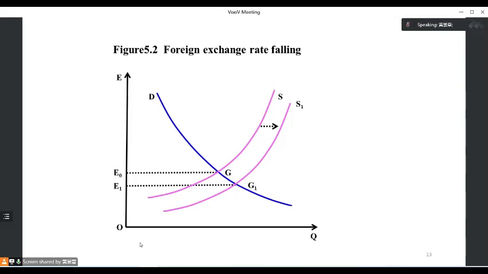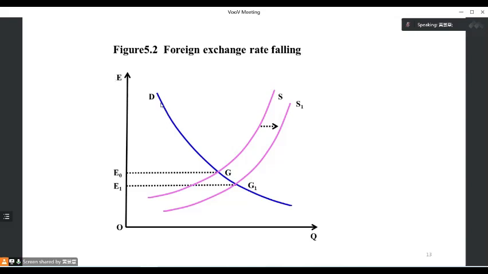In Figure 5.2, we found the horizontal axis is the quantity of foreign currency, and the vertical axis means foreign exchange rate.